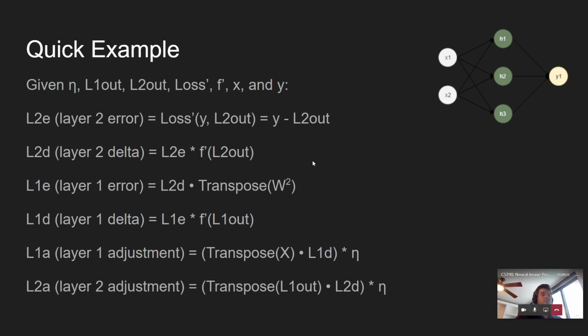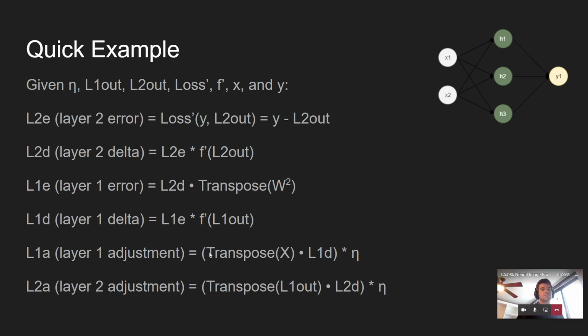Again, we can go backward one more step and get our layer 1 delta by doing the same thing, taking our layer 1 error and putting in the derivative activation of the layer 1 output. So we've done all of that. Now we can get our adjustments by taking the inputs from each of those layers.